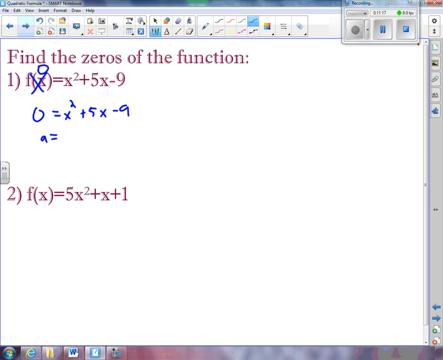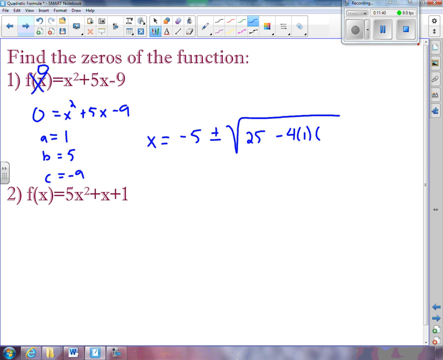So my a is 1, my b is 5, and my c is negative 9. So here, I'm just doing x equals negative b, which is negative 5, plus or minus the square root of b squared, which is 25, minus 4 times a times c, all over 2a.